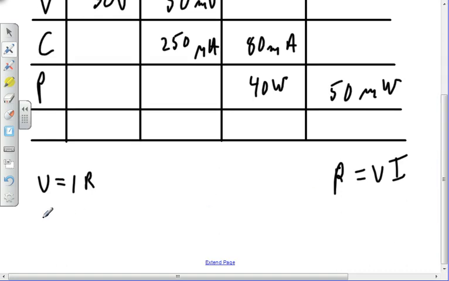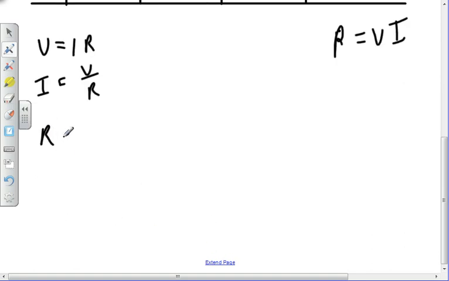I can rewrite this as I is equal to V over R, and R is V over I. And over here I could rewrite my power equation and say voltage is power over current, and current is power over voltage.